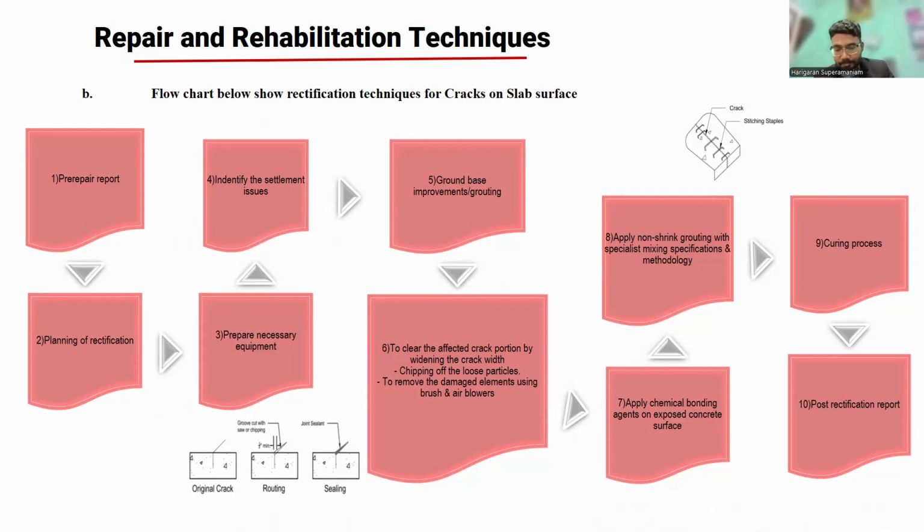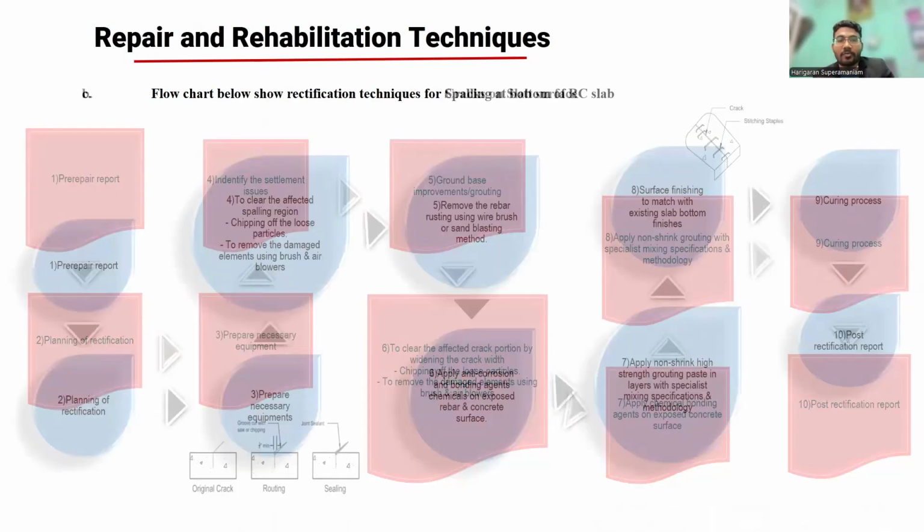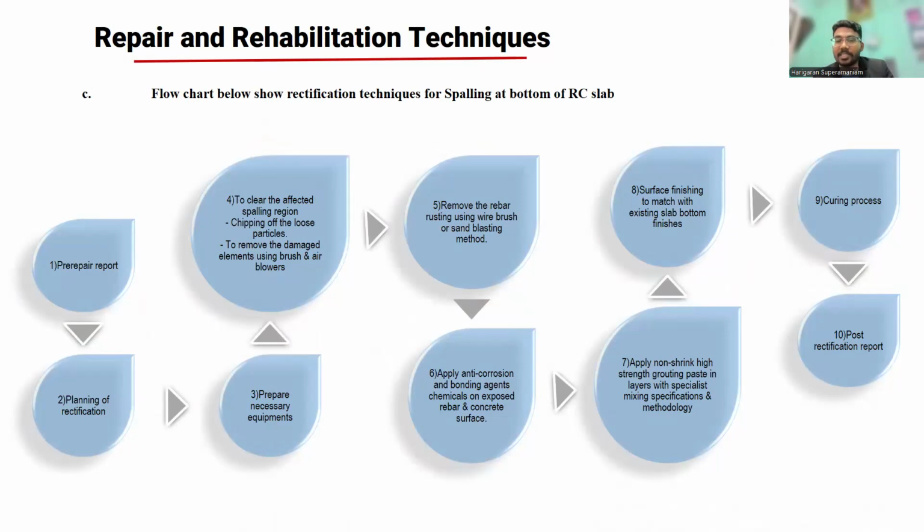structure level. This is for the second, deformation issue. This is one of the techniques. Okay. Third, we go for the spalling at the bottom of the RC slab. Actually, this one is quite a severe case because spalling is a major issue that can cause the slab to collapse if we do not maintain or repair it properly.